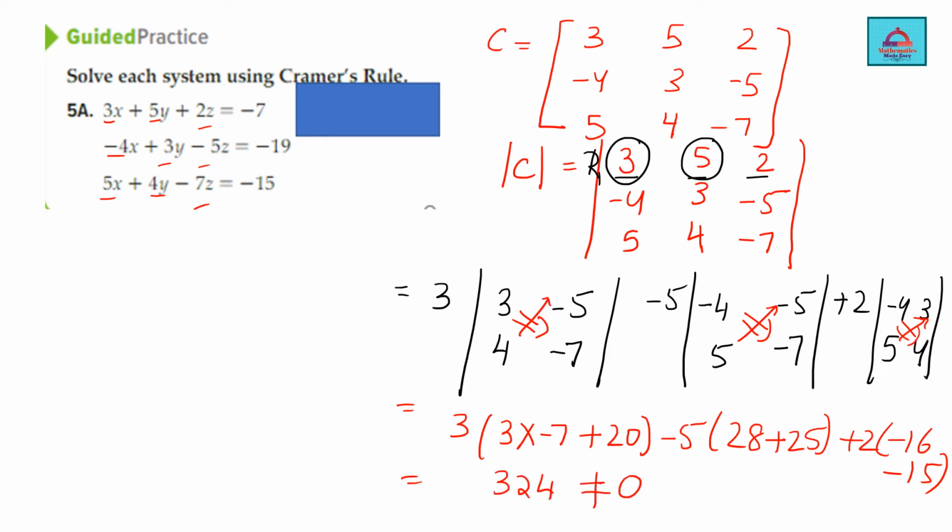So the determinant is non-zero, so Cramer's rule is defined, and our variable x would be defined by this: you remove the x coefficients, just take y, then you take the constants, and then you take z. So you follow that order.